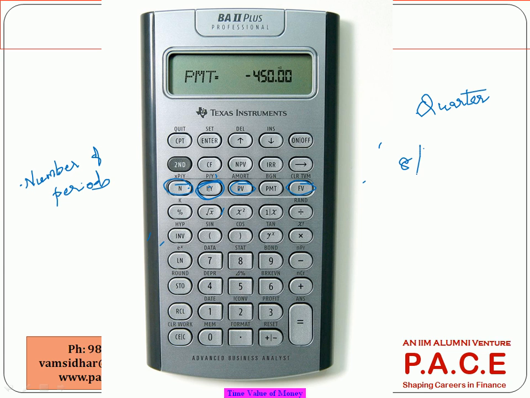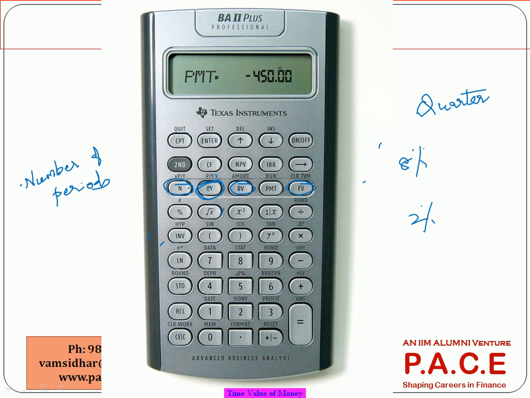Though he has given a stated rate as 8%, you take the I as 2% and N in terms of number of quarters, not in number of years. That's the fourth component you have to be comfortable with.